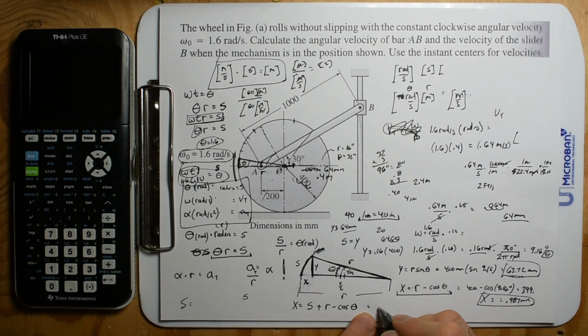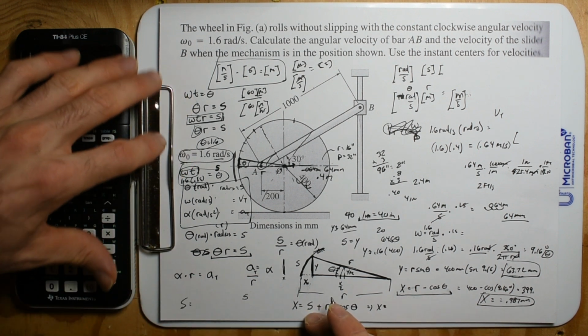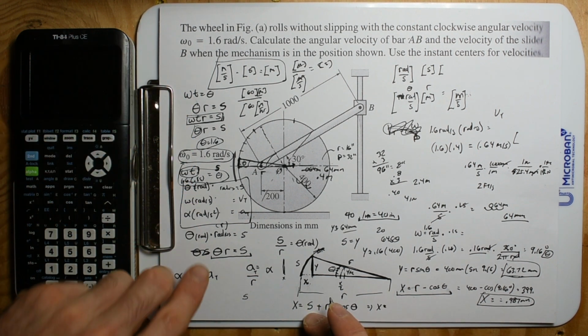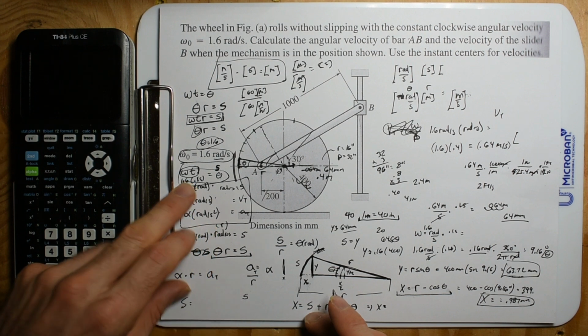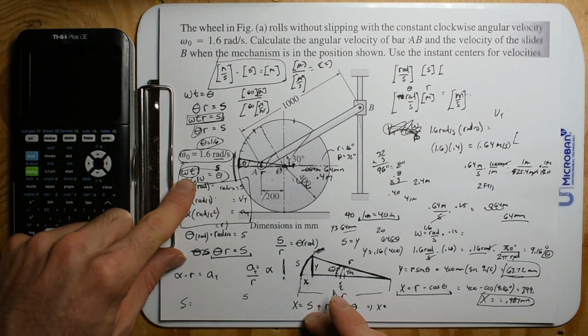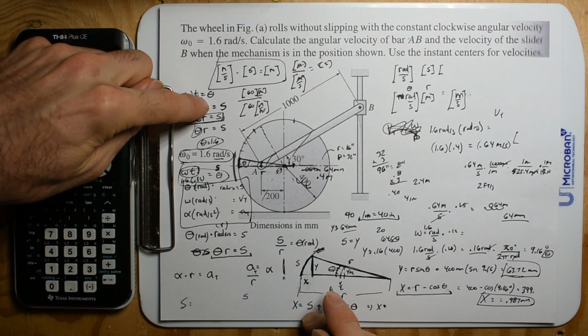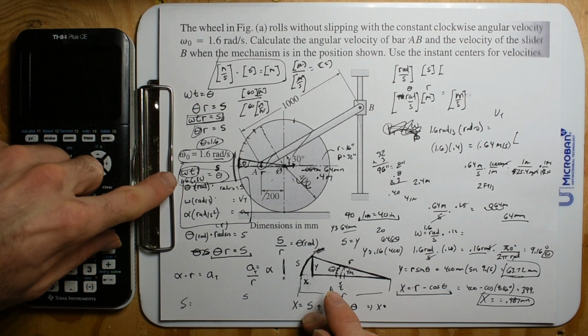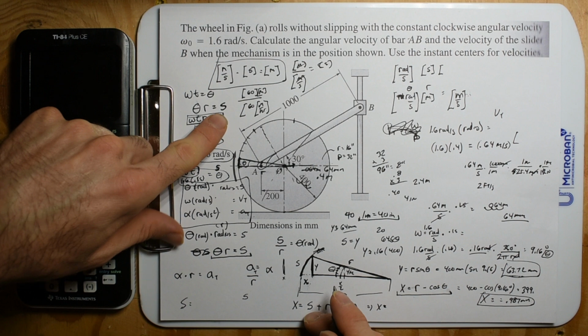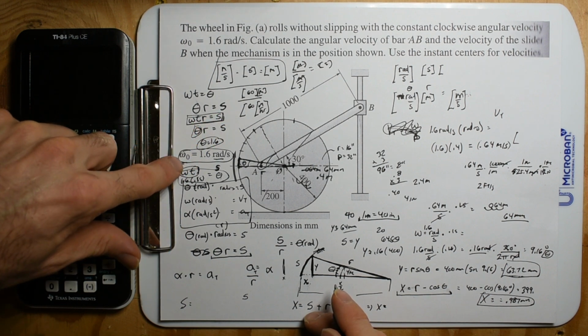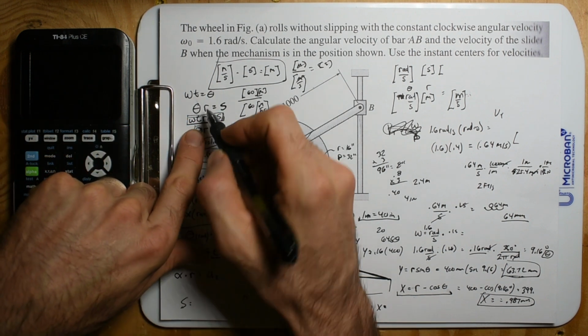So now we have x is equal to, and the arc length, how did we find arc length again? Yes, because arc length is theta r, and theta is omega t. So arc length is omega t r. Yeah, right there.